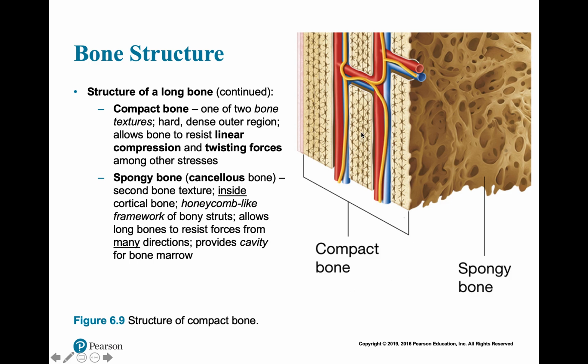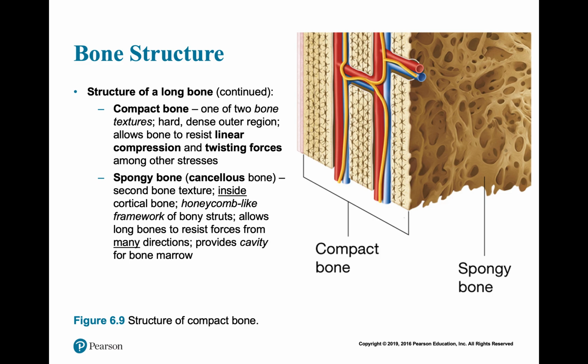So compact bone is compact. That's the type of bone that we looked at in chapter 4 when we talked about bone connective tissue. The extracellular matrix is primarily composed of those calcium salts, like calcium phosphate salt. So it's a really rigid, hard extracellular matrix.